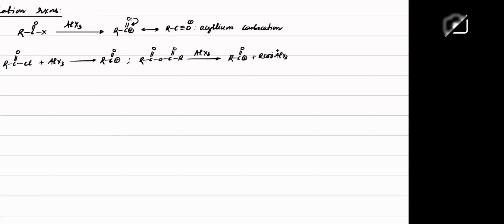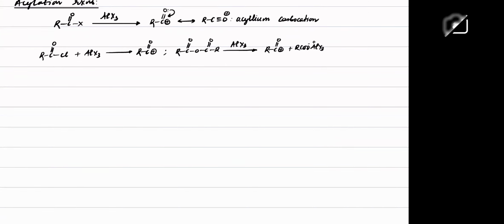And next, if you have acids also, RC=O OH with concentrated H plus. H plus can come from H2SO4. That can also give you plus H2O. Then these are major ways by which you can get the acylation done.